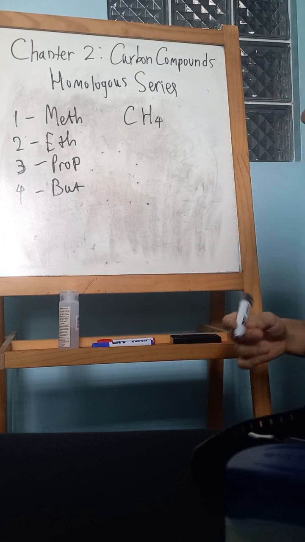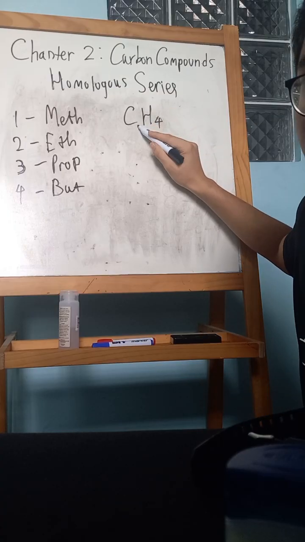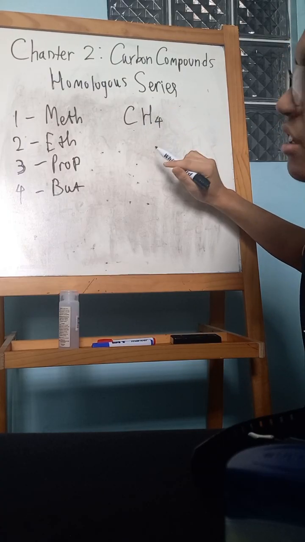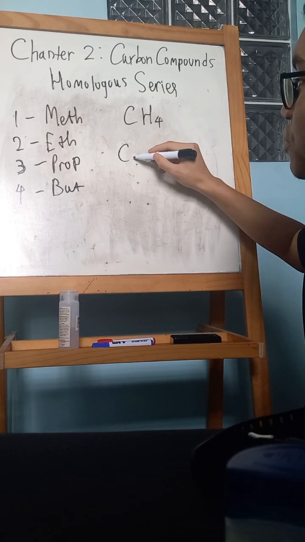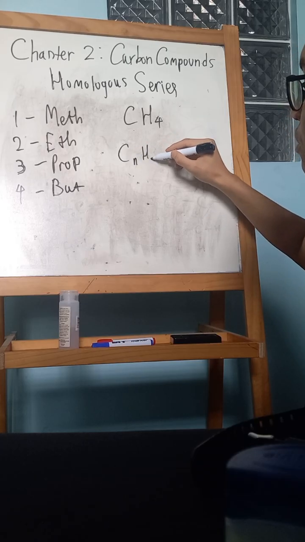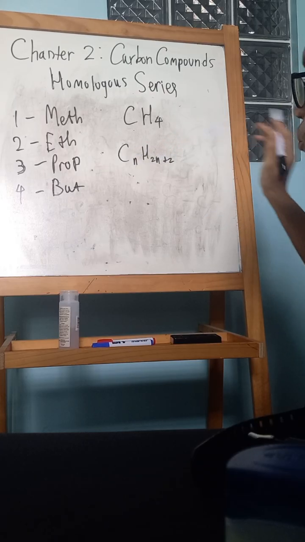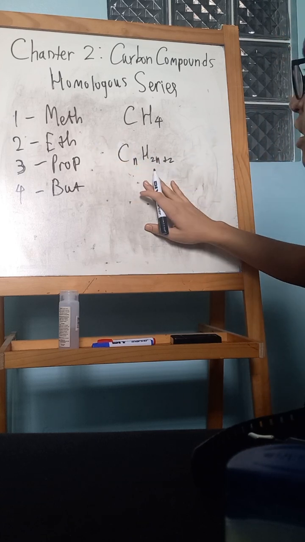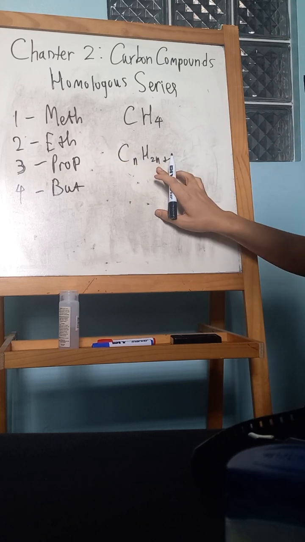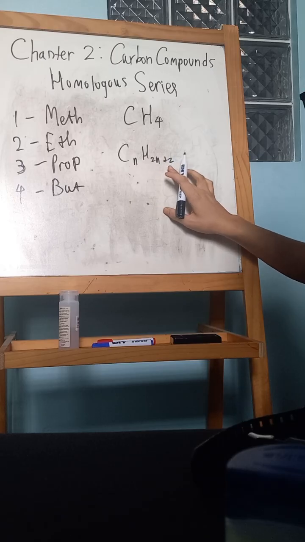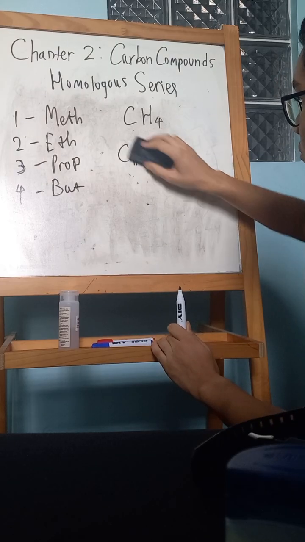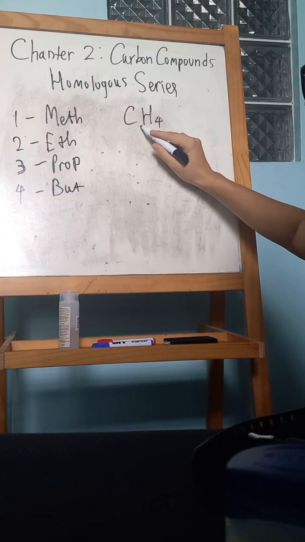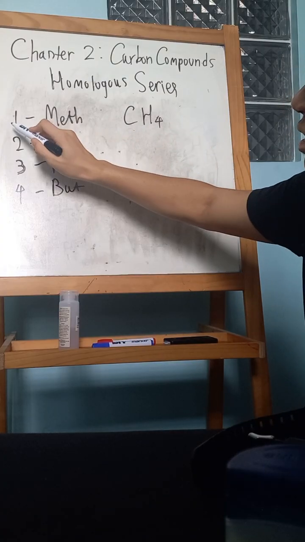Methane. See how this has one carbon atom and 4 hydrogen atoms? So from the general formula, we can assume that n equals 1, because 2 times 1 plus 2 equals 4. So basically, the number of carbon atoms is 1.